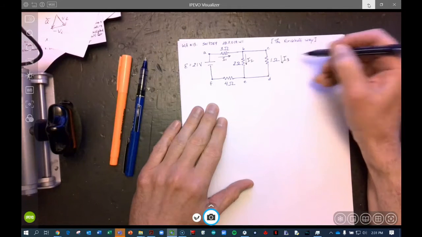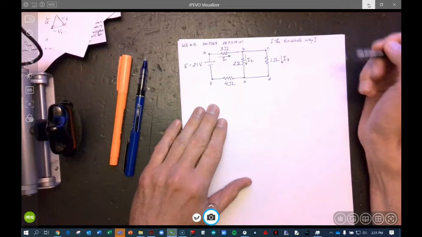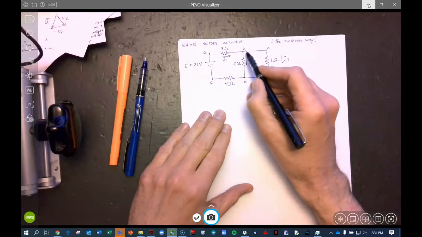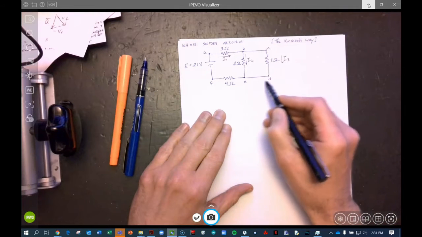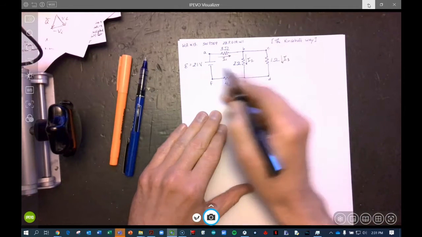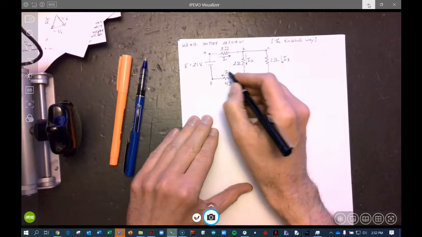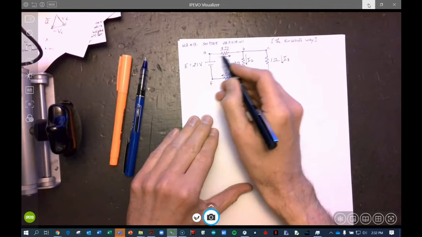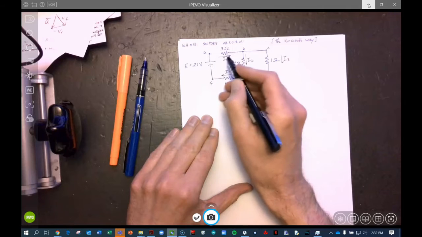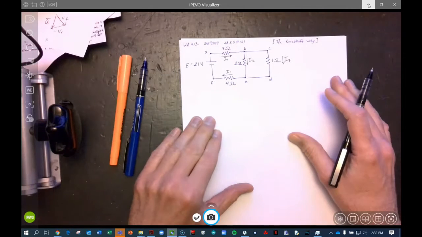I'm going to draw on that side there. And so I3 is this way, and joins up with I2, and this current here, of course, is I1 because there's no branching here. So what is I1 this way has to be I1 this way.